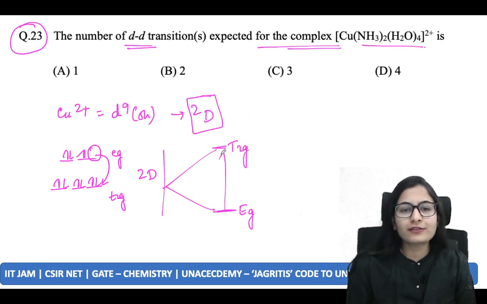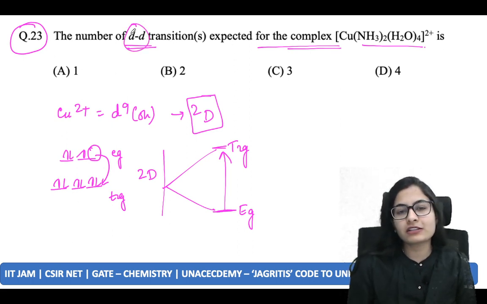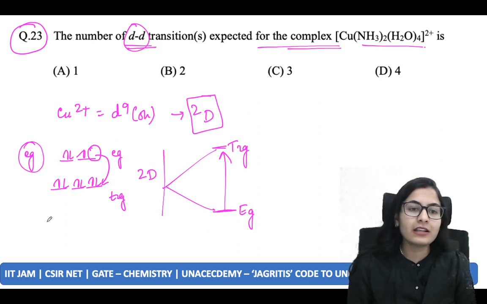So it looks like it is going to give you just one line, just one spectrum. Number of d-d transitions looks like it is just one, but what happens is it is a d9 system. In the eg level there is electronic degeneracy or asymmetry of electron filling that causes Jahn-Teller distortion.